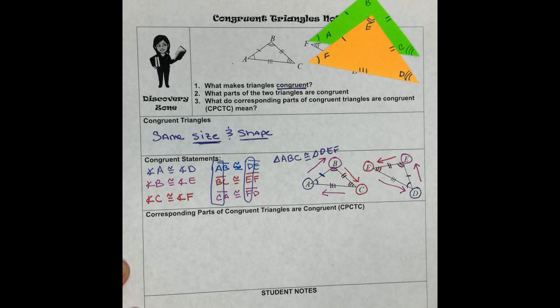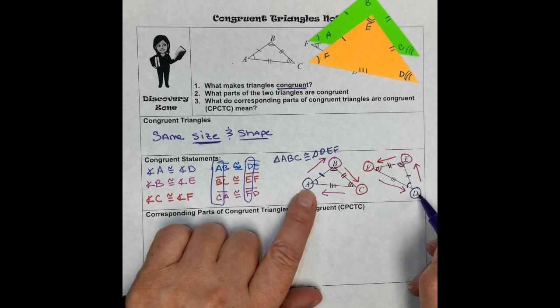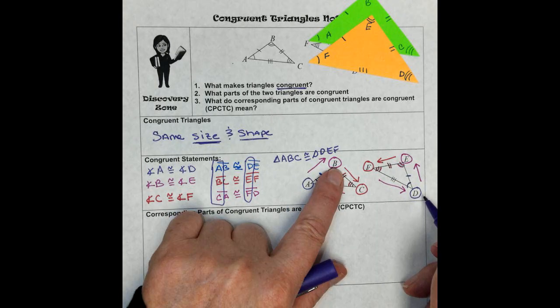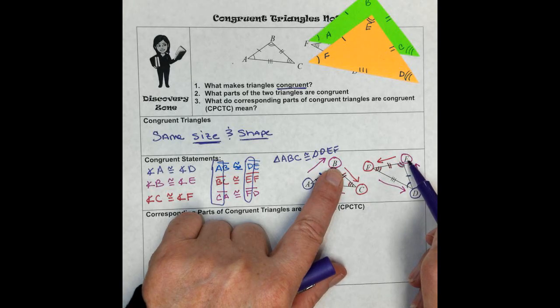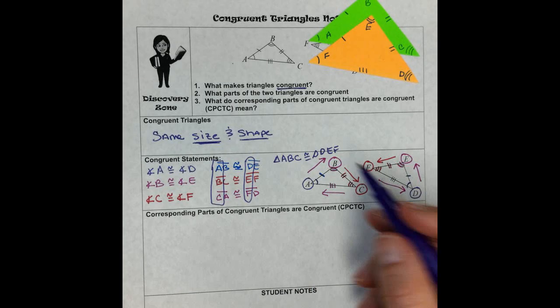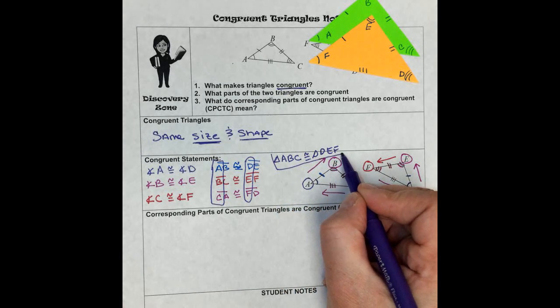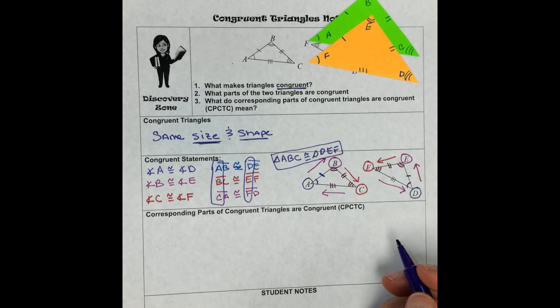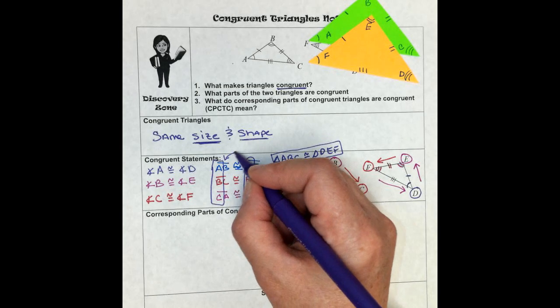Is that right? Let's look at this. A and D, yep. B and E, yep. And then C and F. So here is my congruent statement for my triangle.